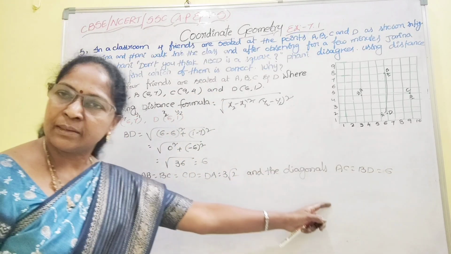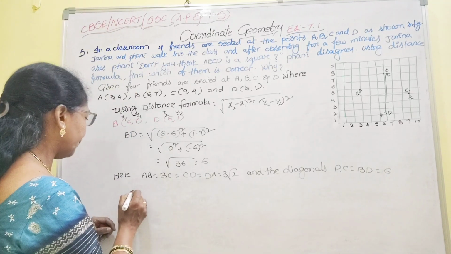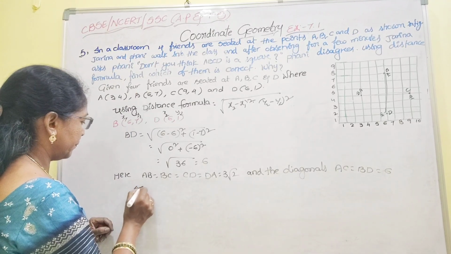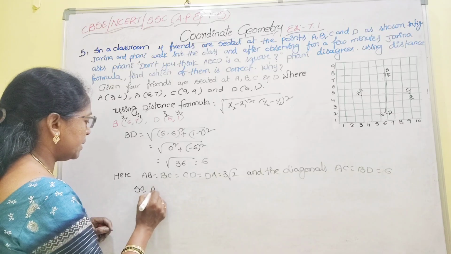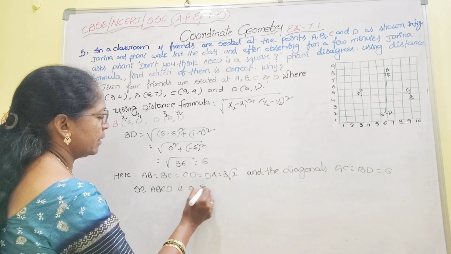Two diagonals are equal as well as four sides are also equal. So ABCD is a square.